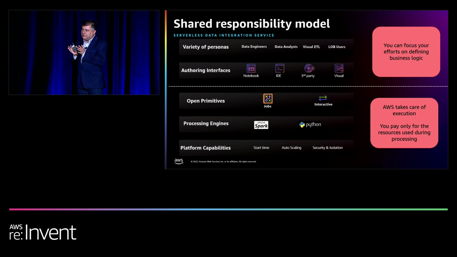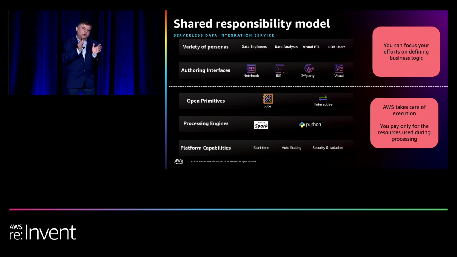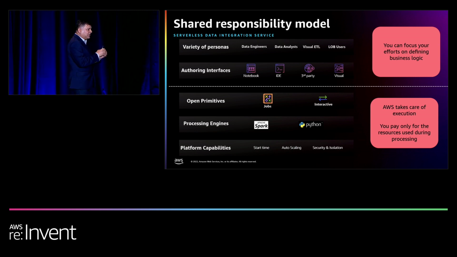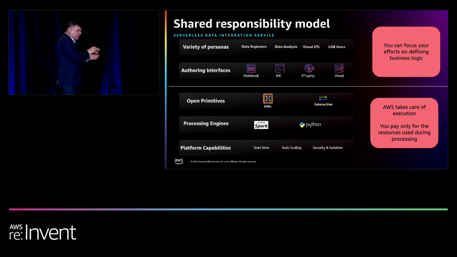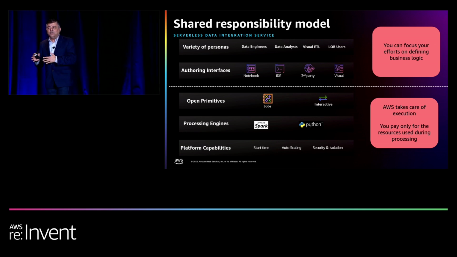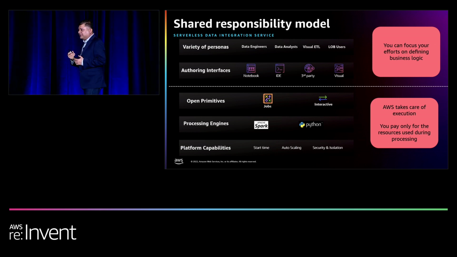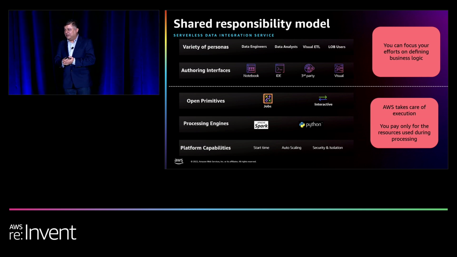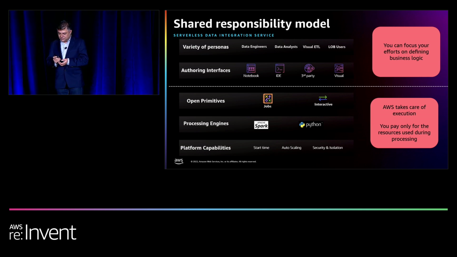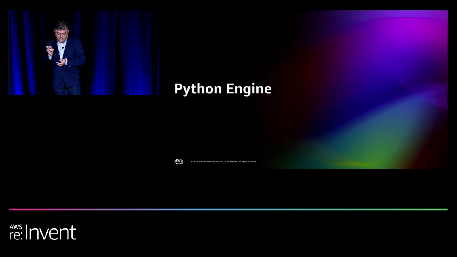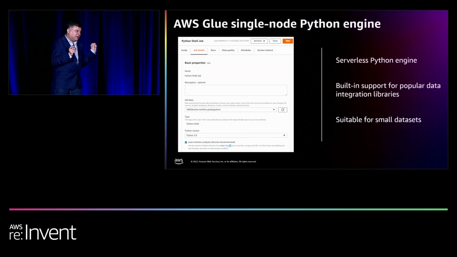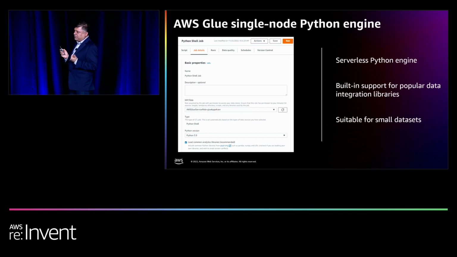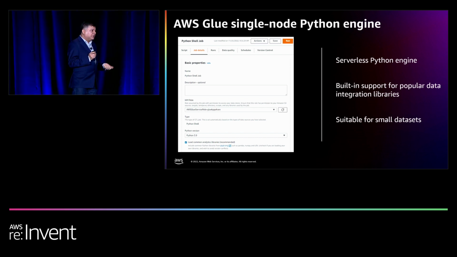Because now you can make sure that your developers are focused on doing the data processing, defining the logic, and writing the data integration jobs, without having to worry about infrastructure management, automatic scaling, and taking care of all the ops stuff that comes with building a data integration pipeline. As I said, we have a single-node Python engine. It's serverless. It has built-in support for popular Python libraries, and it is suitable for small data sets.